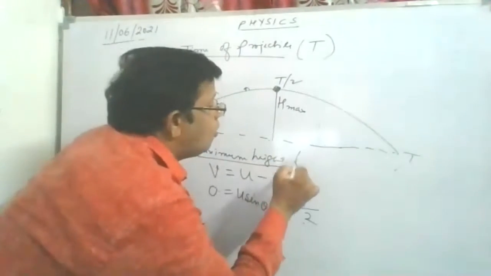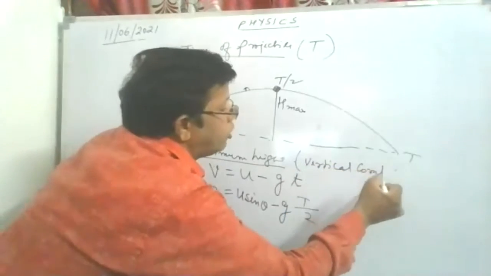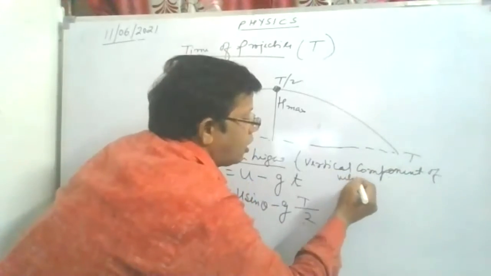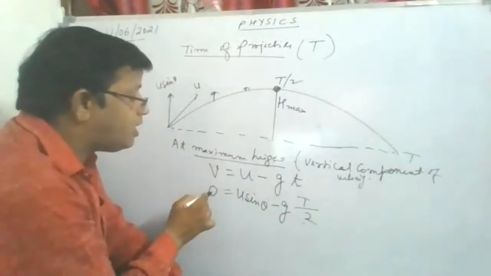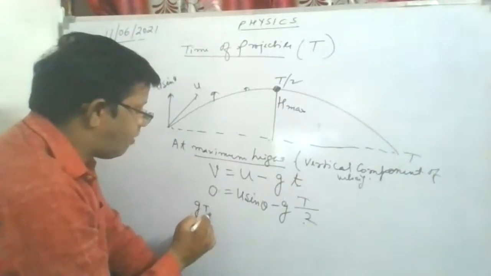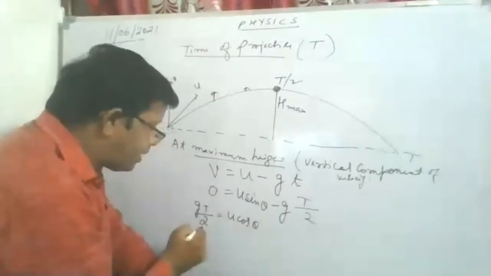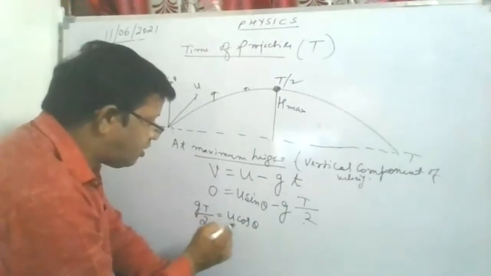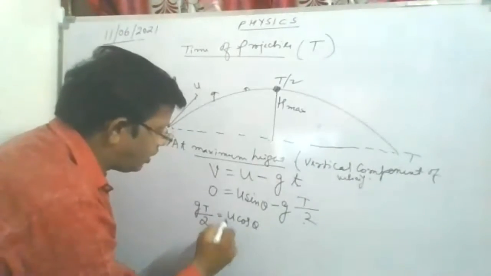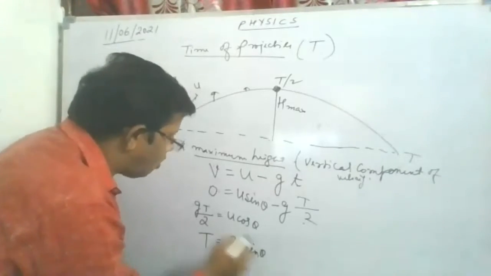Who provides maximum height? The vertical component of velocity. Beta, now see here, we wrote 0. Bringing this over, the minus sign becomes plus: g t upon 2 equals u sin theta. The 2 gets multiplied and g gets divided, so the time of flight will be t equals 2u sin theta upon g.